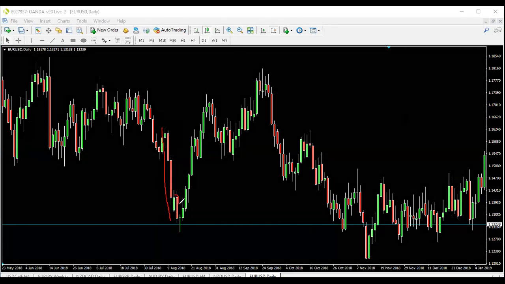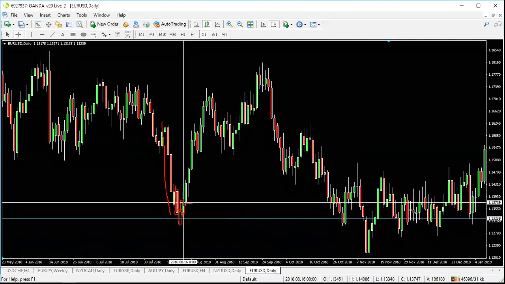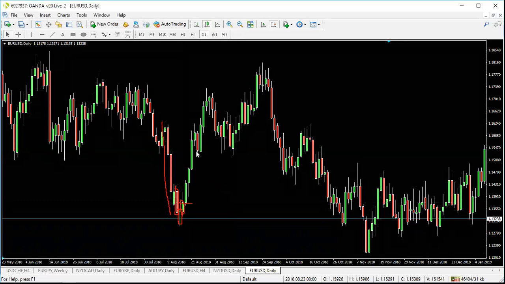We have our bearish candle, followed by our indecision candle, followed by our bullish candle, and my entry would have been right here, which would have yielded us, we would have had an 8 pip drawdown, and it would have yielded us roughly 165 pips.